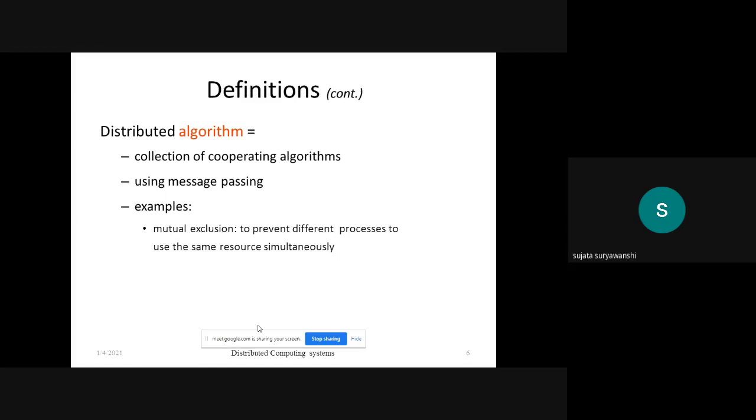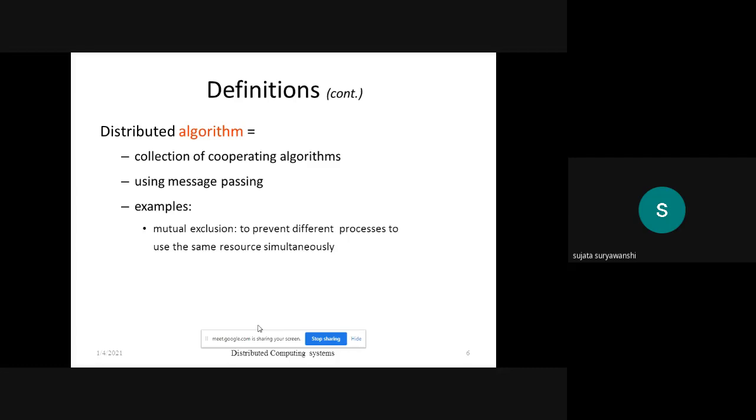Then the example is mutual exclusion. In the restaurant example, mutual exclusion happens if only one chef is there to make all the orders. To deliver all the orders, only one chef is there. In that case, that particular chef is not able to complete all the orders simultaneously.